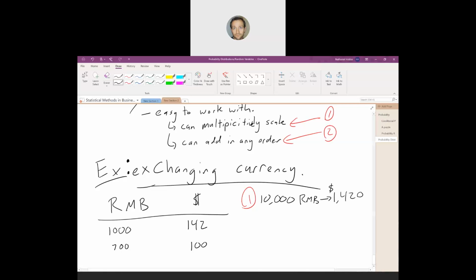So this is what multiplicative scaling means.